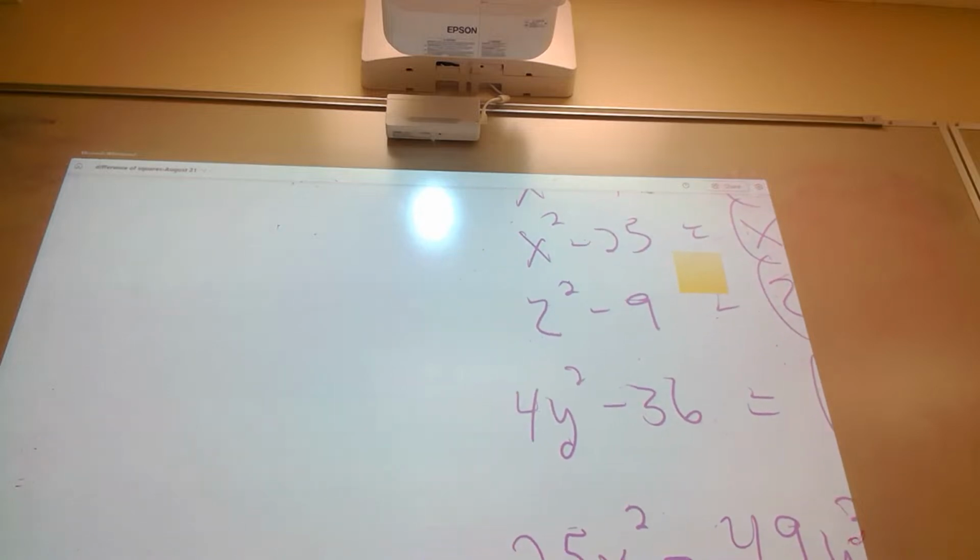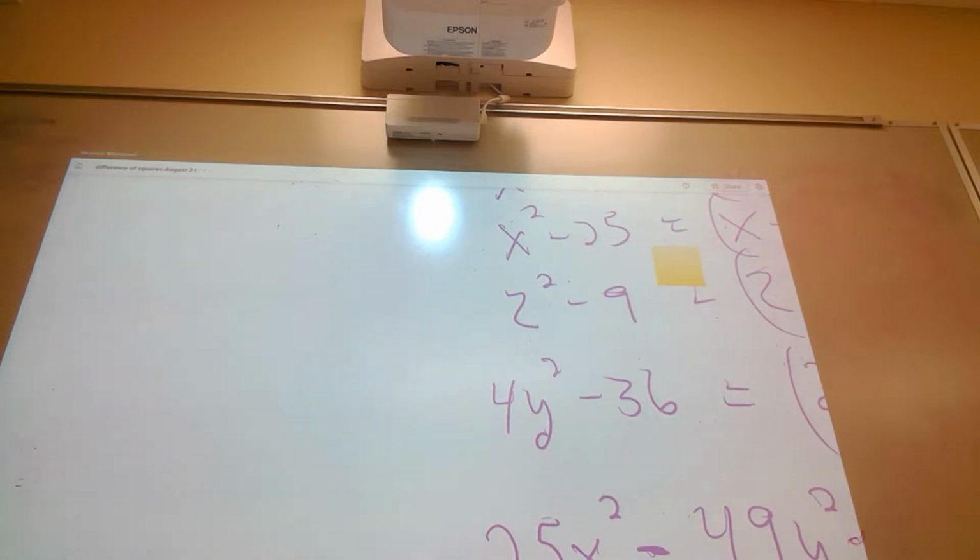Oh, I meant to do minus 49. Let's do this one also. So now let's move on to the next one. 25x squared minus 49y squared. For the one that I just had, you would have had 5x minus 2 and 5x plus 2.